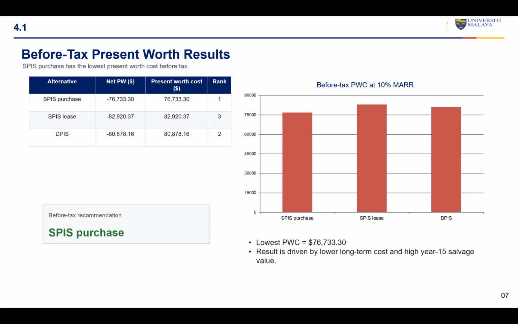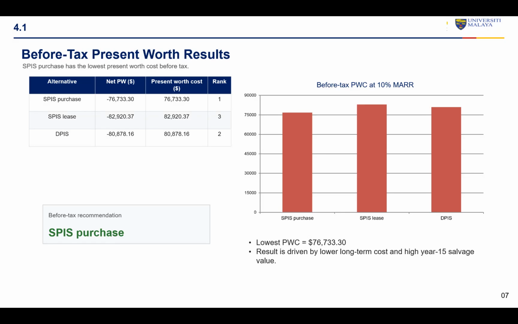The before-tax present worth result shows that SPIS purchase has the lowest present worth cost, equal to $76,733.3. DPIS has a present worth cost of $80,870.16, while SPIS lease has the highest before-tax present worth cost of $82,920.37.